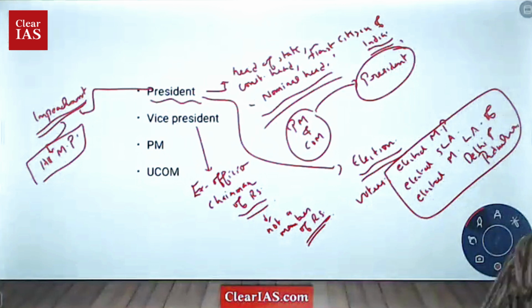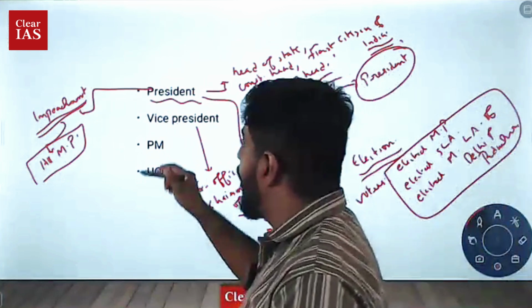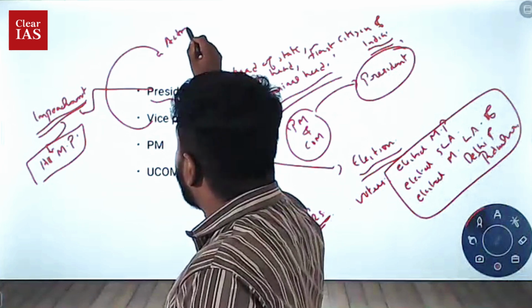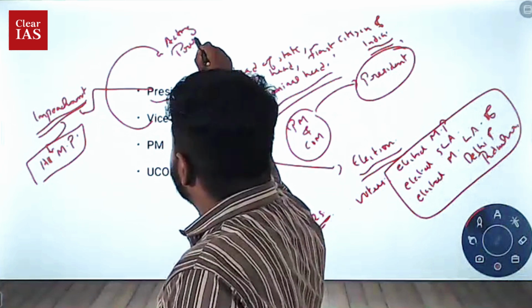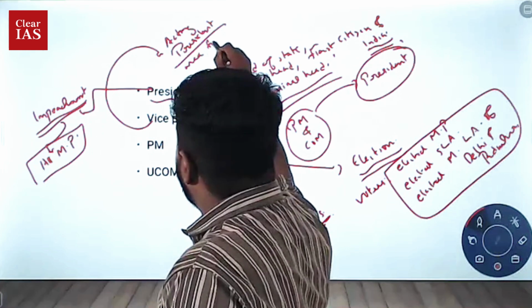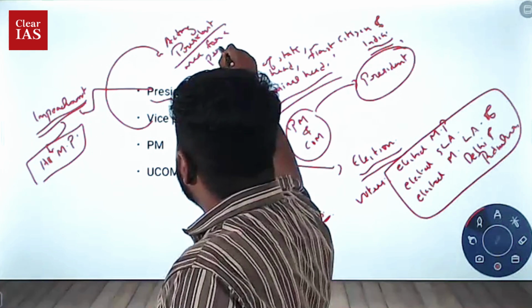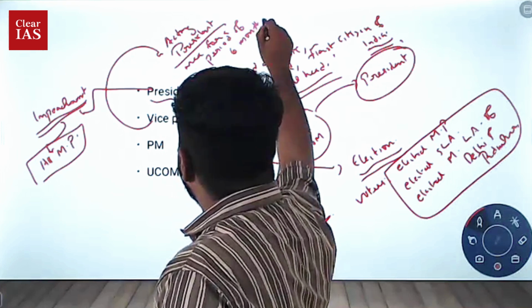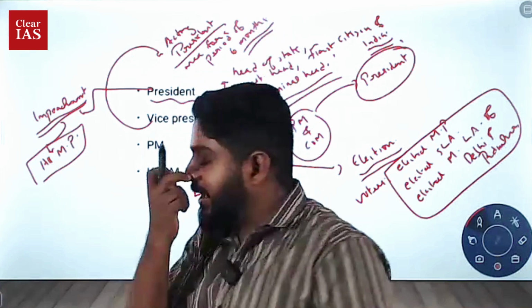In the absence of the President of India, the Vice President becomes the acting President of India, for a maximum period of 6 months.